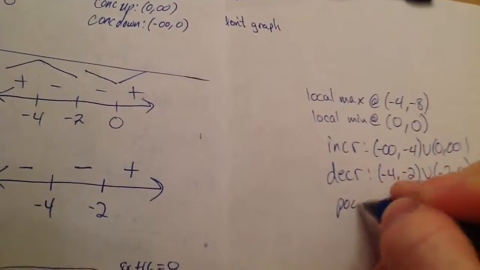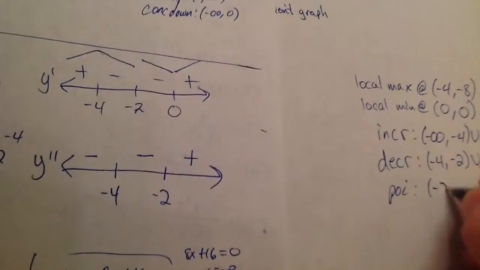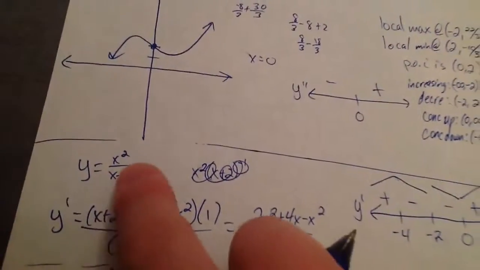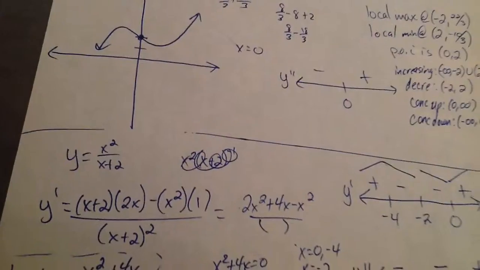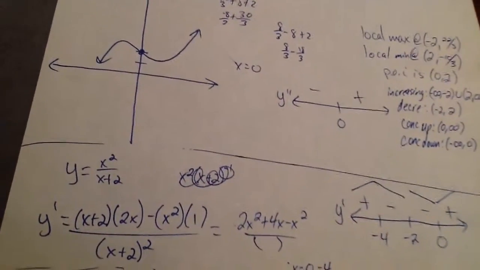What else do we need to answer? Oh, point of inflection. There's only one at -2. And we can get the y value for that because it's an actual point on the graph. Might as well get the y value. Put in -2, let's see, it'll be 4. Uh-oh, 4 over 0. You can't have that. So guess what?